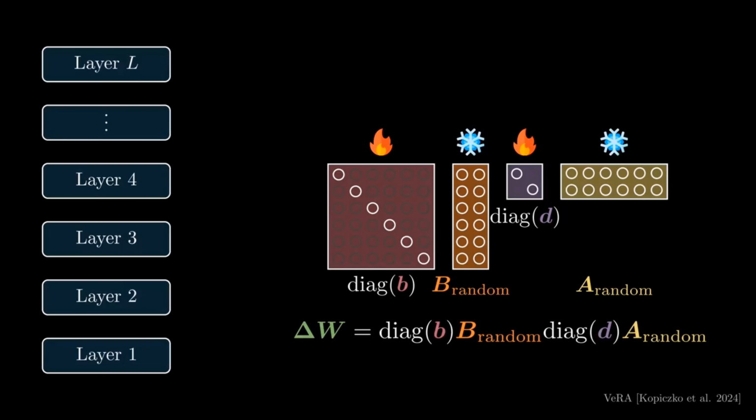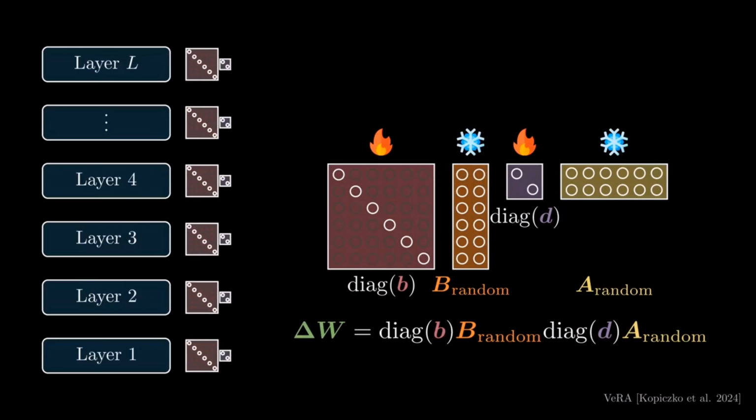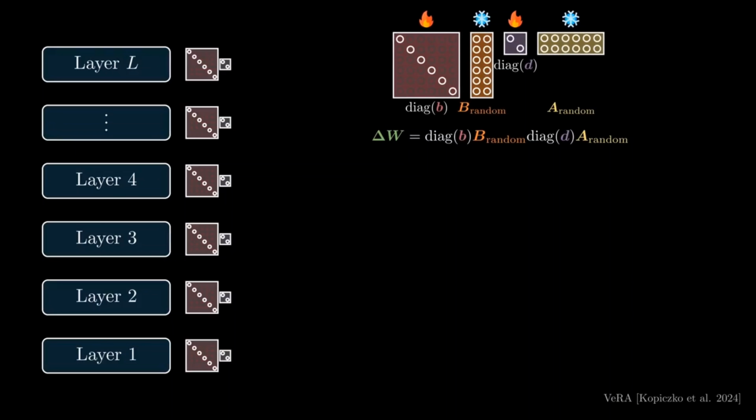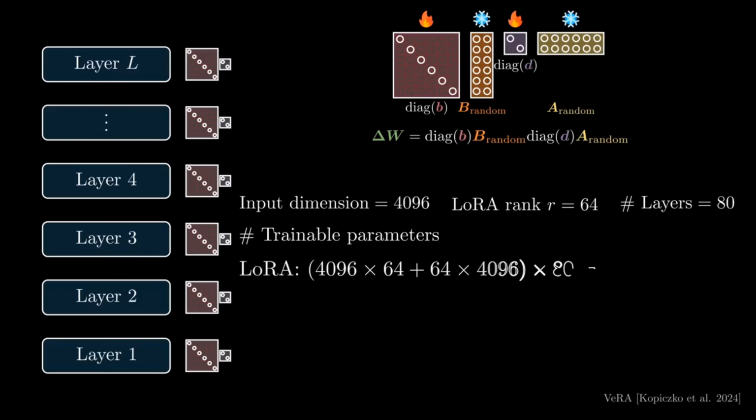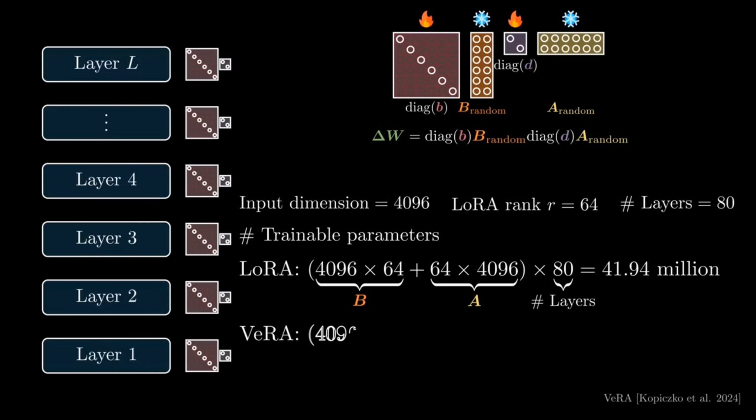With VeRA, the number of trainable parameters becomes much smaller. For example, suppose the input dimension is 4096 and the LoRA rank is 64. Suppose we add adapters across 80 layers. Standard LoRA trains the matrices A and B for each layer. That is roughly 42 million trainable parameters. In contrast, VeRA only trains the scaling vectors.